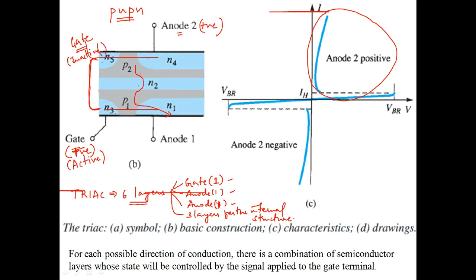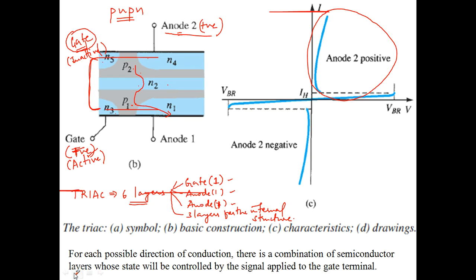Hope students can understand this. I repeat, the gate at layer N3 is made positive or active, so that this particular layer is inactive, in the sense it doesn't add in any way to the current flow. Now anode 2 is made positive, then the direction of the current will be through the PNPN region.